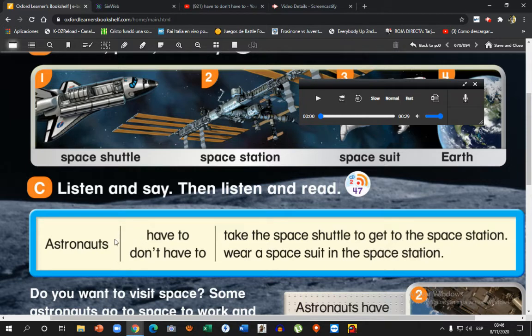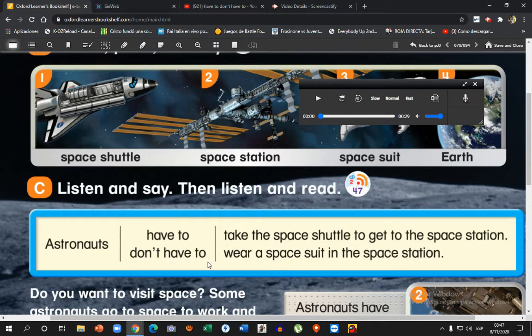For example, listen: astronauts have to take the space shuttle to get to the space station. This is an obligation for them, okay? Have to is for obligation because something negative will happen if you don't follow this rule.